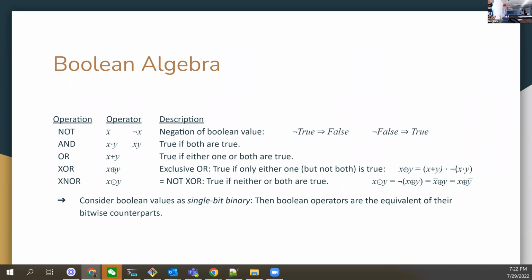XOR is sort of like OR, but it's exclusive, meaning that you cannot be both true. So X exclusive or Y equals something like this: it's X or Y, but not both true.